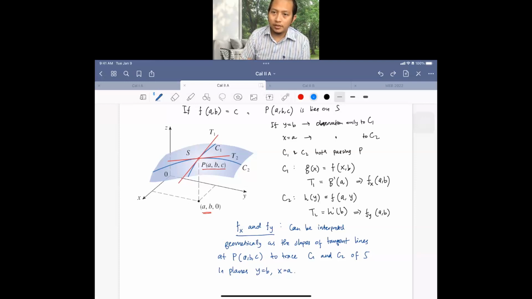And you will notice that you will have some certain definitions, because partial x means dou z over dou x, so z will change if x also changes by some unit.